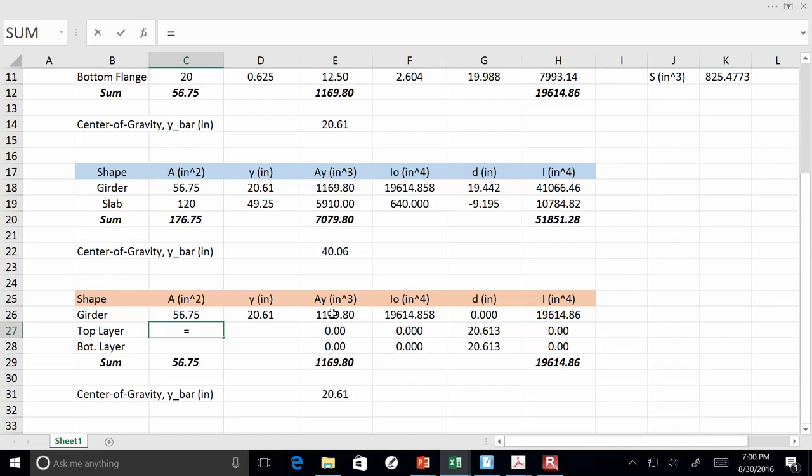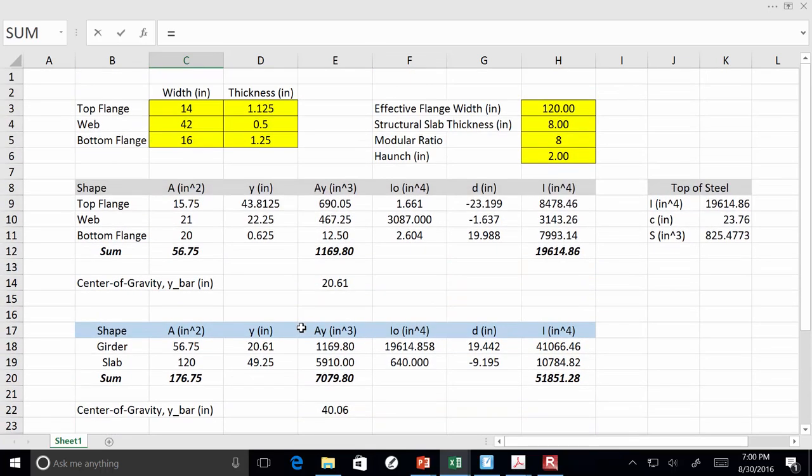Okay, for the top layer, we say, all right, let's take the area of the deck. And what's the area of the deck? It's the effective flange width times that structural slab thickness, right? And then for all the rebar that goes in that deck, we say we take the entire area of that deck, we say 1% of it is rebar.